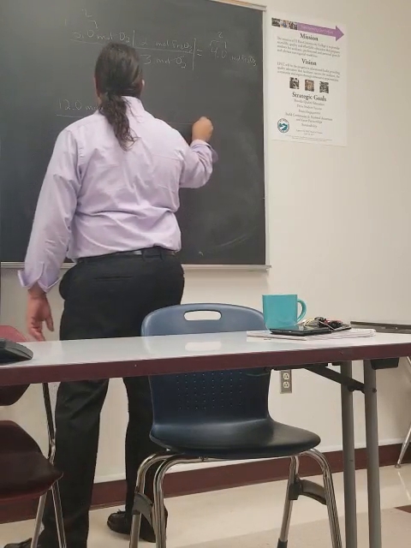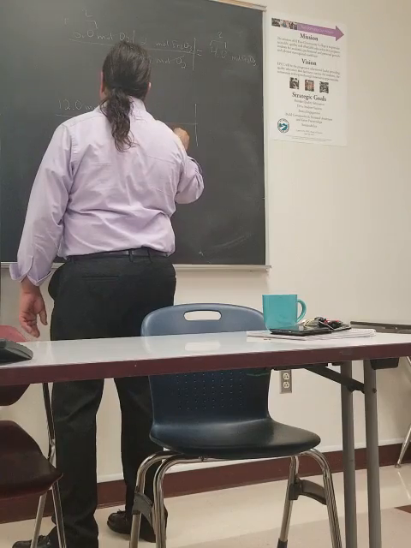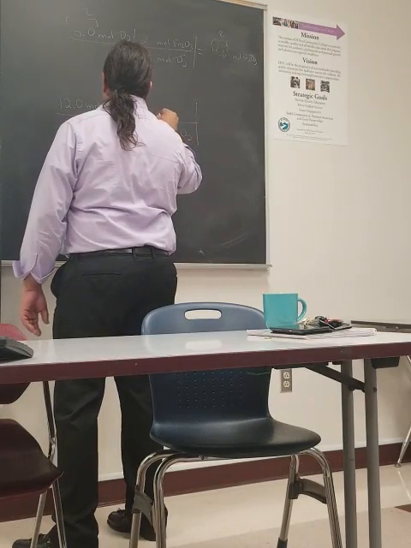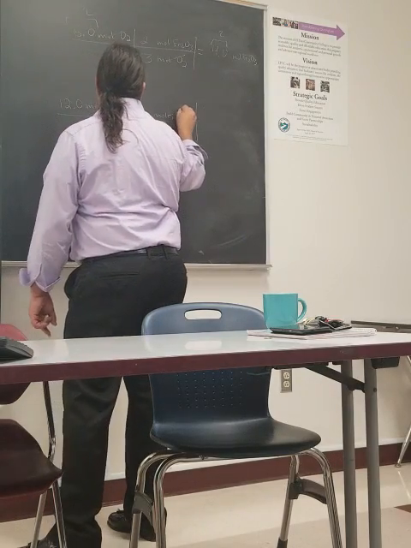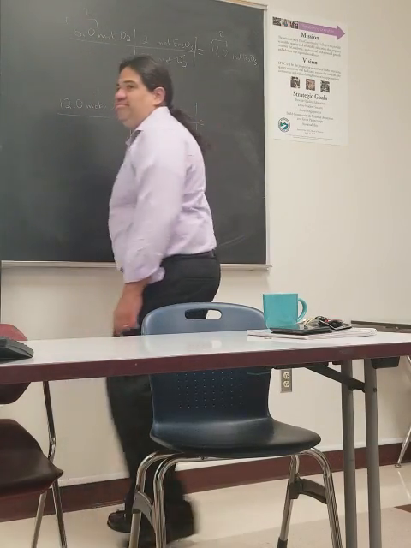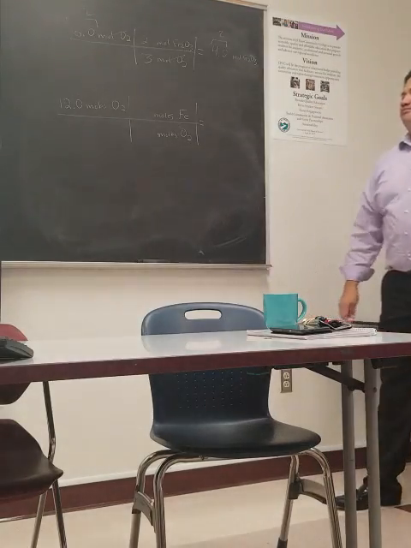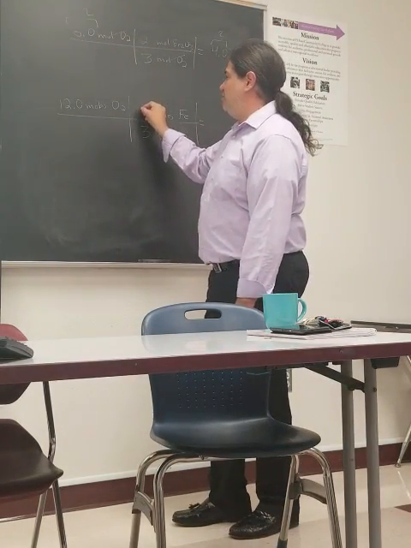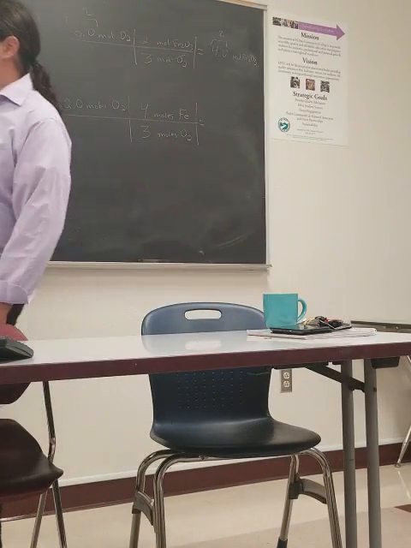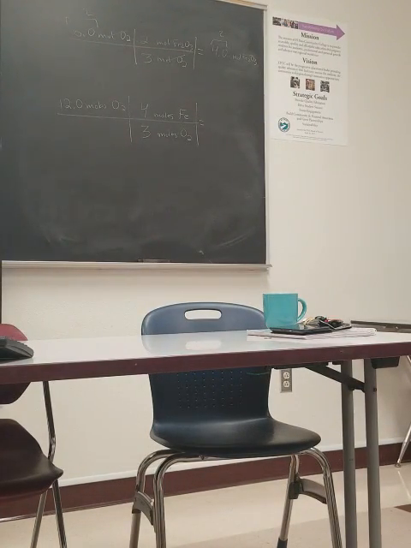So we have 12 moles of oxygen. And the question is asking us for how many moles of Fe? And we go to the balanced equation: oxygen has a 3, Fe has a 4.